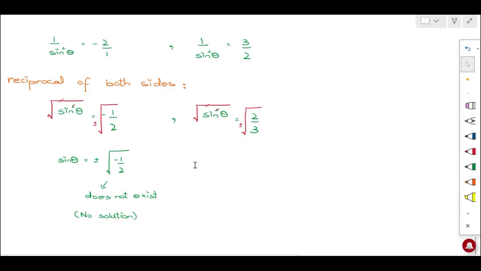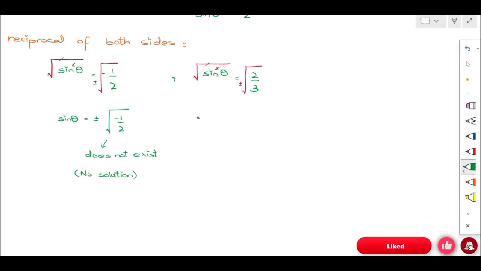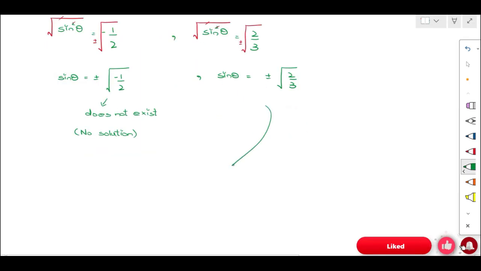Now let me solve the other case. Here sine theta is equal to plus minus square root 2 by 3. Now we have two cases from here, with a positive root 2 by 3 and with a negative root 2 by 3, right? Let me take these two cases and solve them.